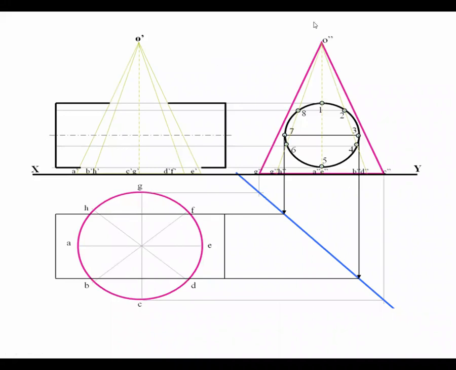Now in second step, take the projections from side view to the top view and make one more rectangle in top view, which is the top view of cylinder.